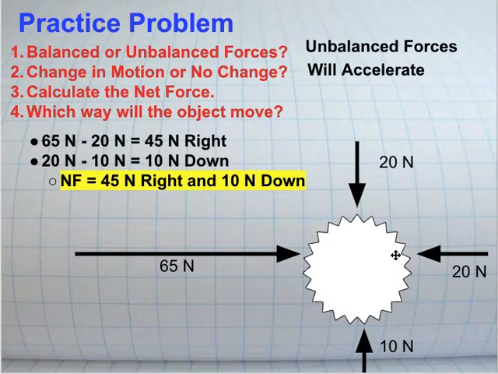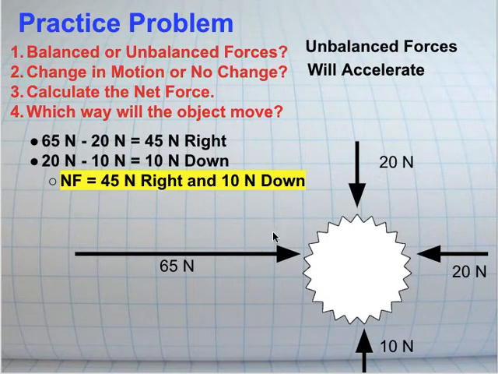In the first line, I take the left and right forces: 65 newtons minus 20 newtons, because those two forces are going against each other. If they were going with each other, I would add, but since they're against each other, I subtract.